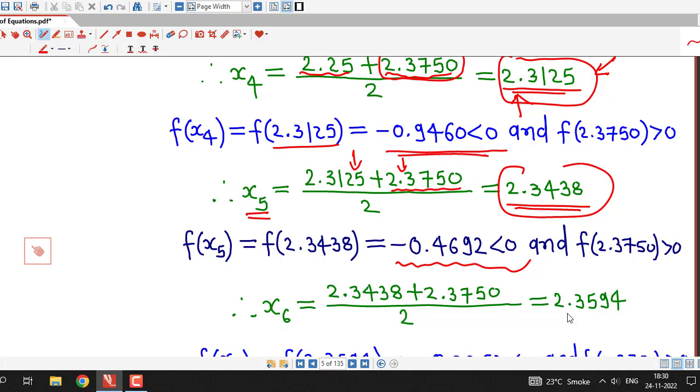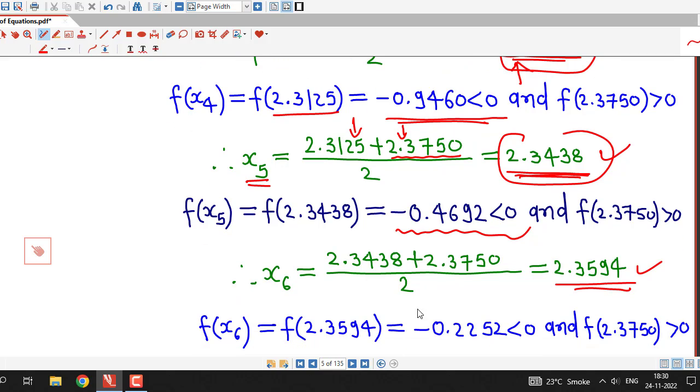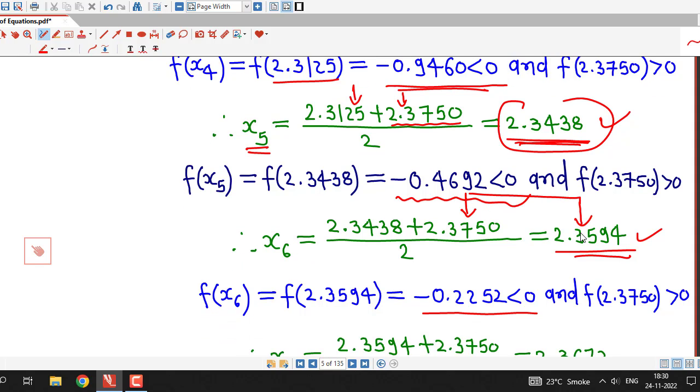So that is 2.3594, and we can compare x5 and x6; they are different. So again I repeat the same process. I obtain the value of the function at point 2.3594 and it turns out to be negative, and at this point the function is positive. So the next approximation is the average of these 2 points.